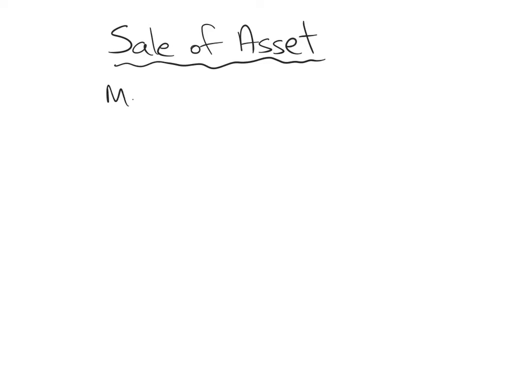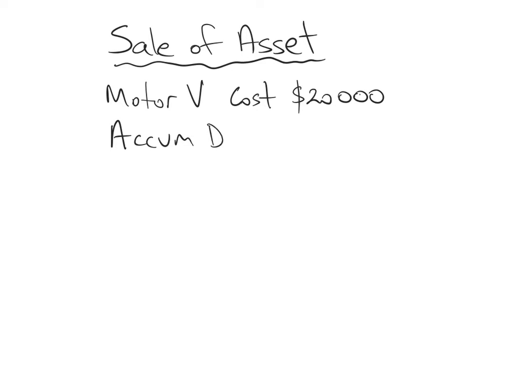Let's say we've got a motor vehicle and we bought that motor vehicle 3 years ago at a cost of $20,000. Okay, so we've got that original cost, that's what we paid for it, and we've kept it for 3 years now, and we've got the accumulated depreciation of that vehicle of $9,000.